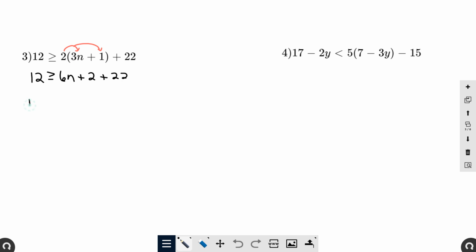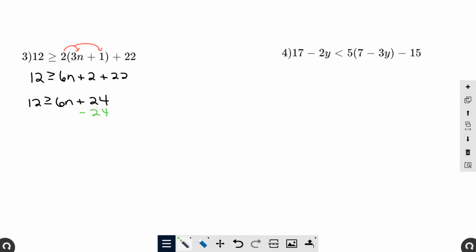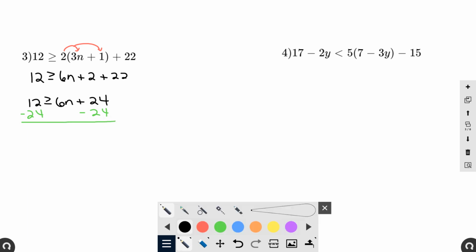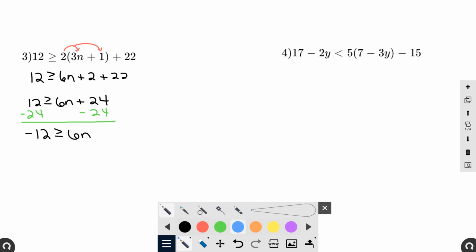So at the end, that's going to change to a 24. What's our next step? Subtract the 24. What's 12 minus 24? Negative 12. And then last step.